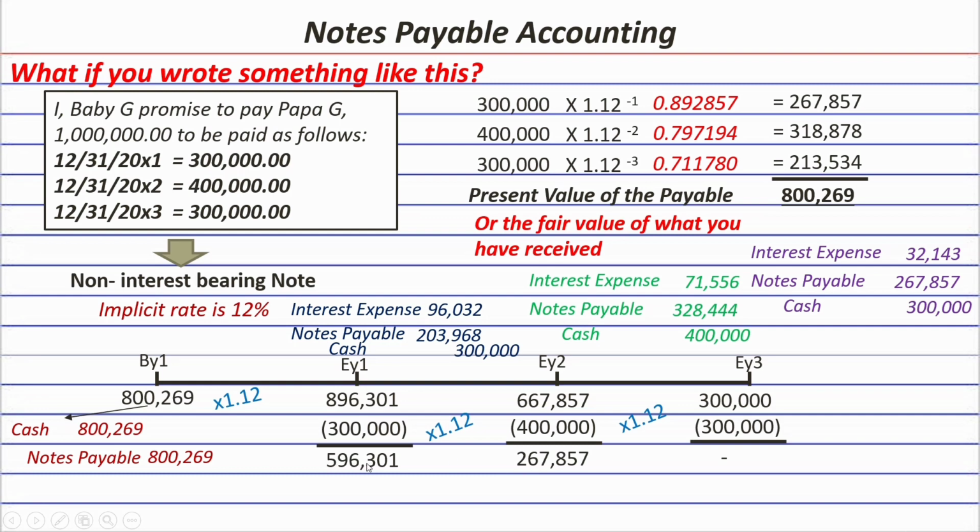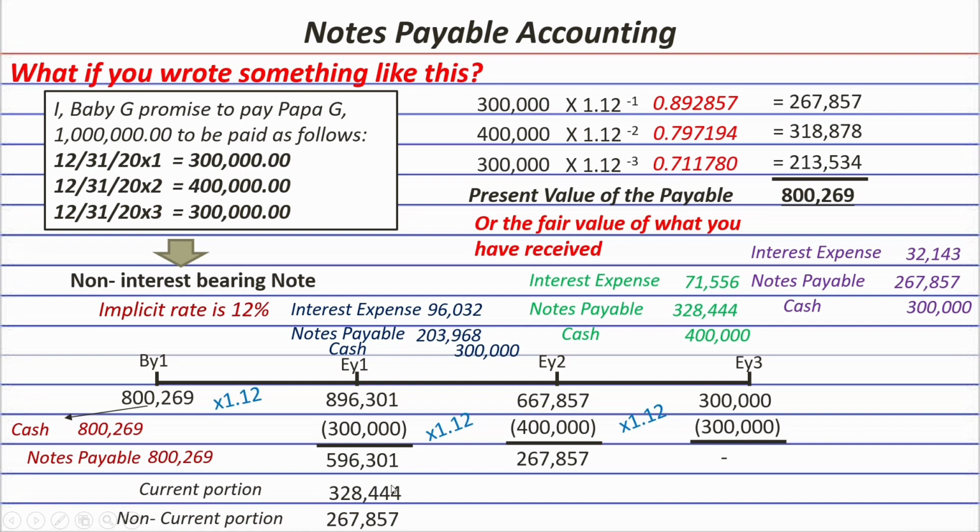That basically means that this balance at the end of year 1 is composed of current and non-current portion. So, the non-current portion is the balance after 12 months, and that's 267,857, and the remainder, or the decrease from here to here, which is 328,444, that will be the current portion.